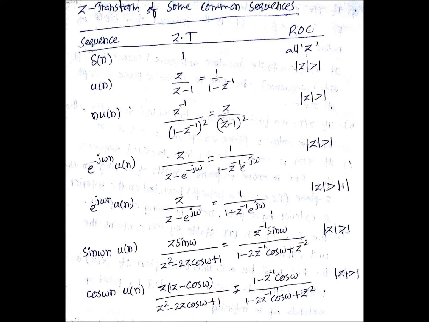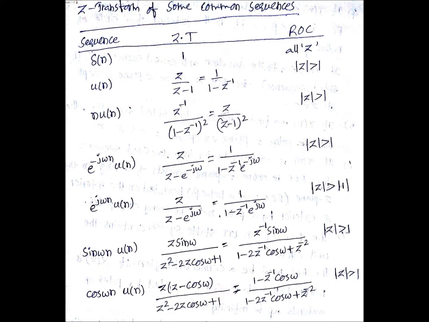Okay, then for e power minus j omega n u of n, it will be z by z minus e power minus j omega. That means it is in the form of a power n into u of n. So for that, the Z transform is z by z minus a, right? That means for a power n into u of n, it is z by z minus a.